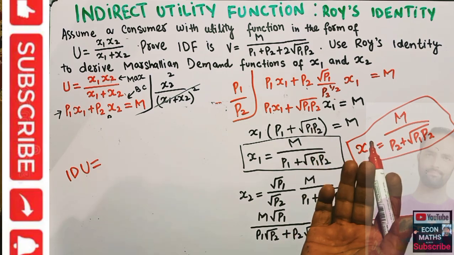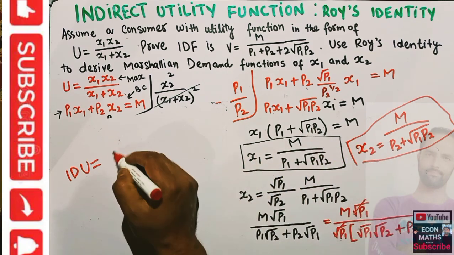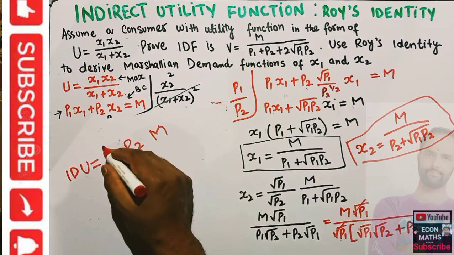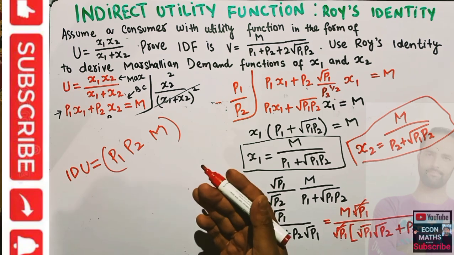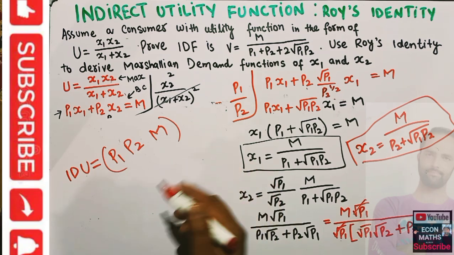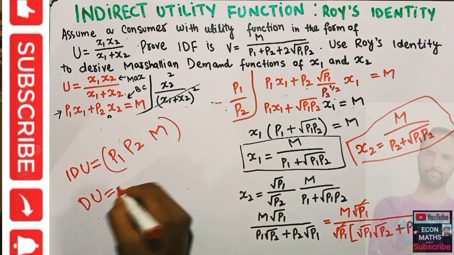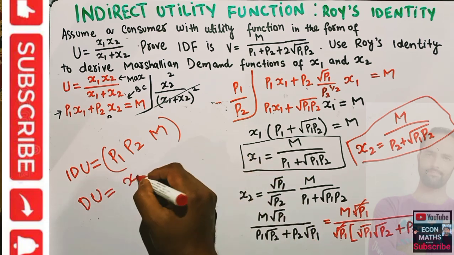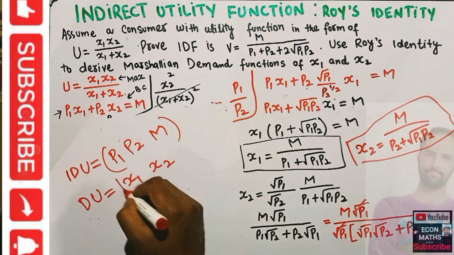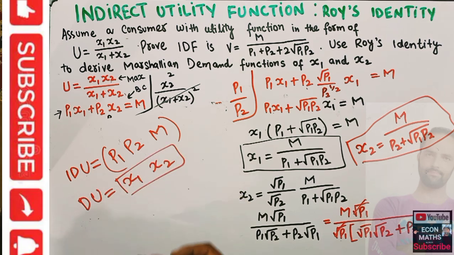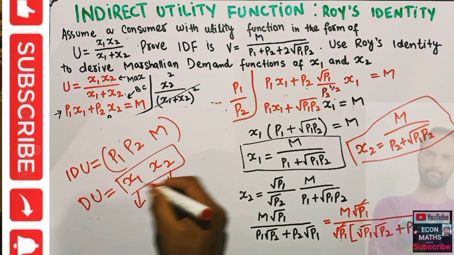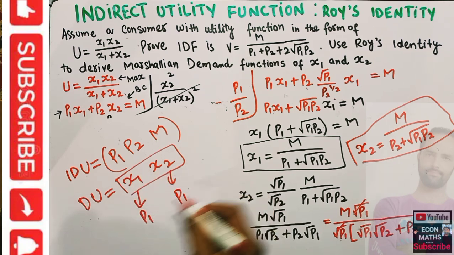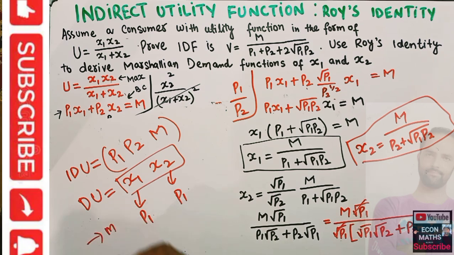Okay, so indirectly our utility depends upon the prices of two goods and the income of the consumer. Okay, and it makes sense. So by direct utility, we simply say our utility depends upon the consumption of good x1 and x2. Now to consume these two goods x1 and x2, there will be obviously some price. Okay, also the consumer should have an income.